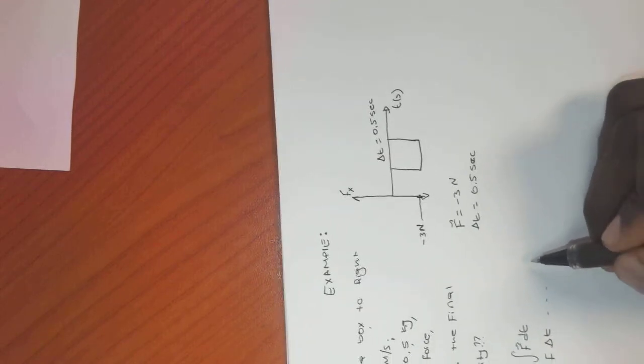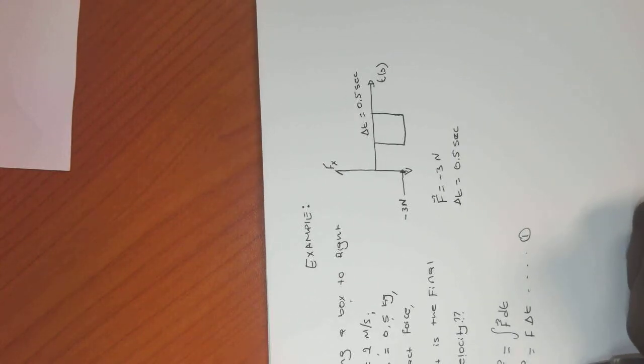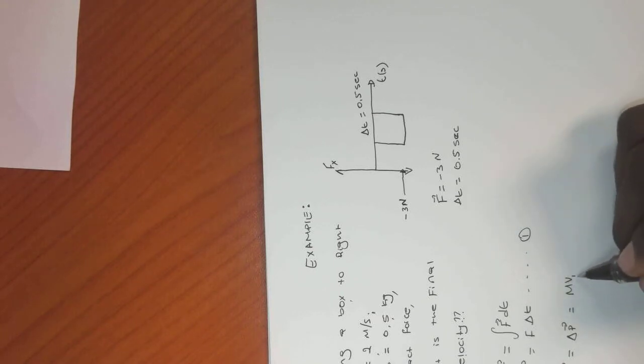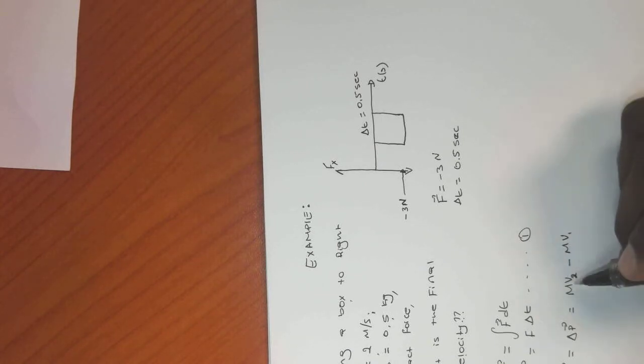This can be your equation 1. But we also know that J is the change in momentum, which is mv2 minus mv1.